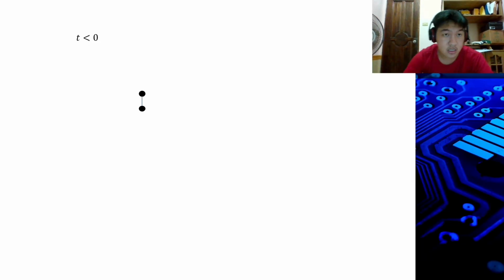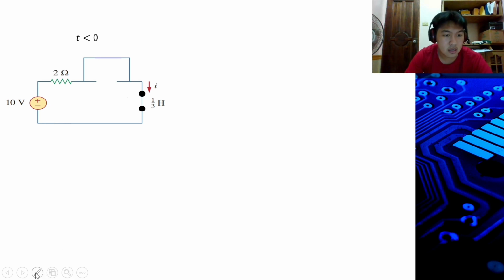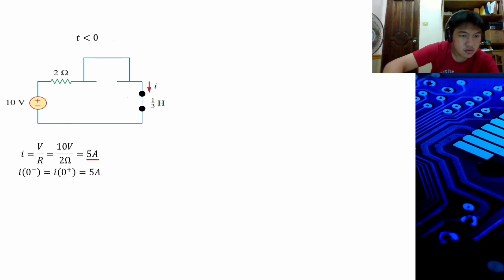At time less than 0, you can say the circuit is as shown. Using Ohm's law, i equals v over R, where 10 volts divided by 2 ohms is equal to 5 amperes, so i(0 negative) is equal to i(0 positive), which is equal to 5 amps.